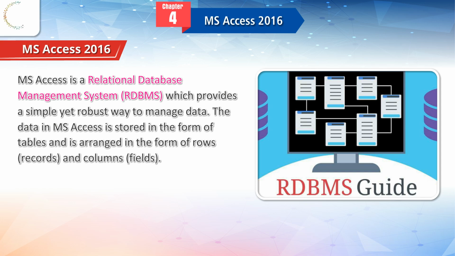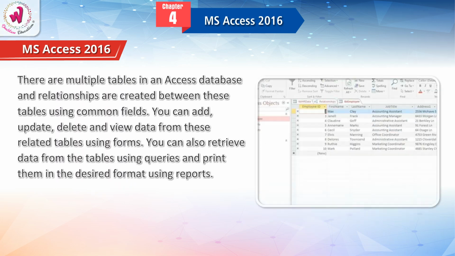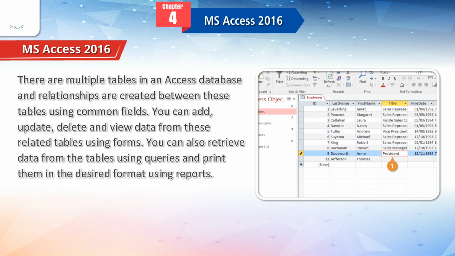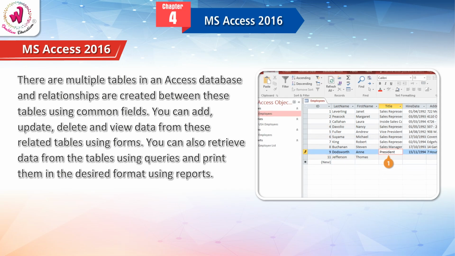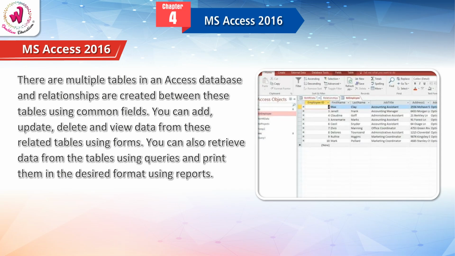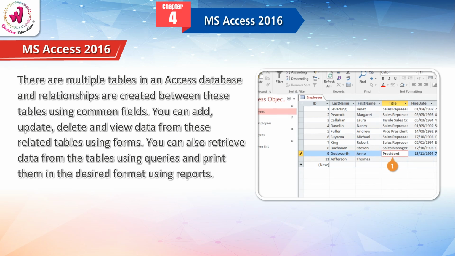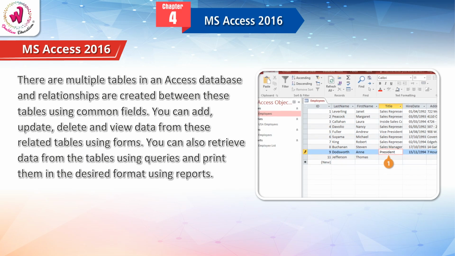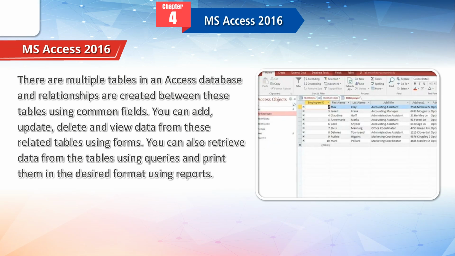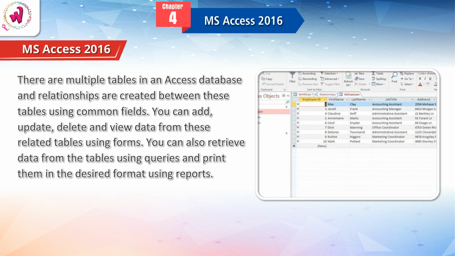The data in MS Access is stored in the form of tables and is arranged in the form of rows (records) and columns (fields). There are multiple tables in an Access database, and relationships are created between these tables using common fields. You can add, update, delete, and view data from these related tables using forms.